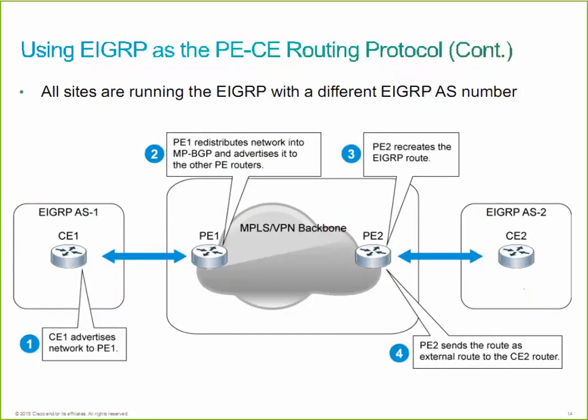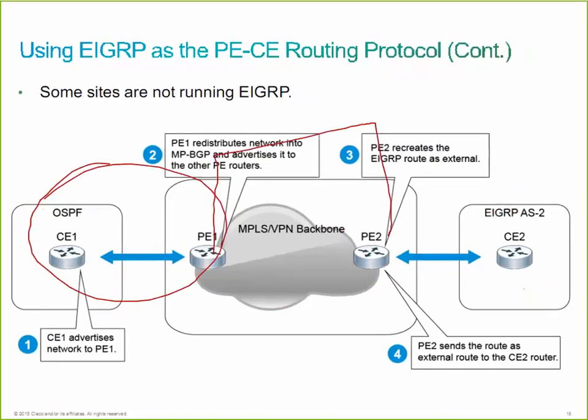We don't have that ability here because the attribute didn't exist, right? So when the PE2 router recreates the routes, they're going to recreate them as external EIGRP routes using whatever default metric is being advertised into the CE2 router. All right? So in this particular case, the originated protocol appears to be BGP.